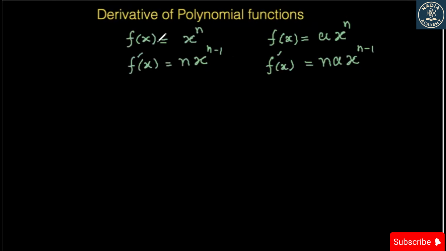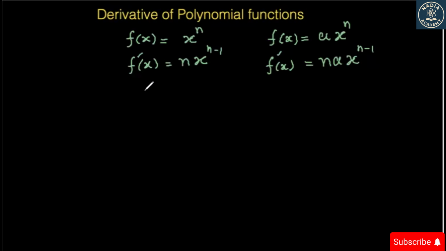Another thing that we learned is that the derivative is the gradient, which tells us the change in the function relative to its variable. For example, here the derivative tells us the change of this function f of x with respect to x.